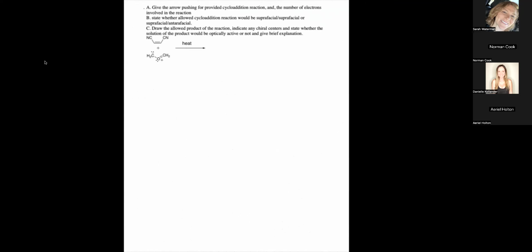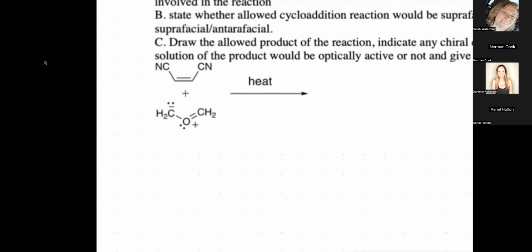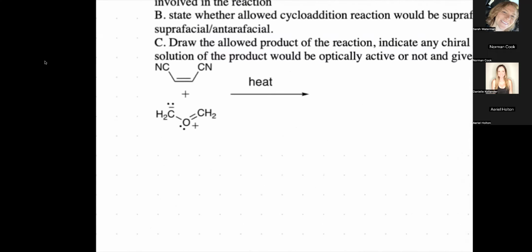Okay. This is the last one, I swear. But I think it's important, if you guys have to do this stuff, to see it with this one. It says give the arrow pushing for the provided cycloaddition reaction and the number of electrons involved in the reaction. So for the curved arrow pushing, where would we start?